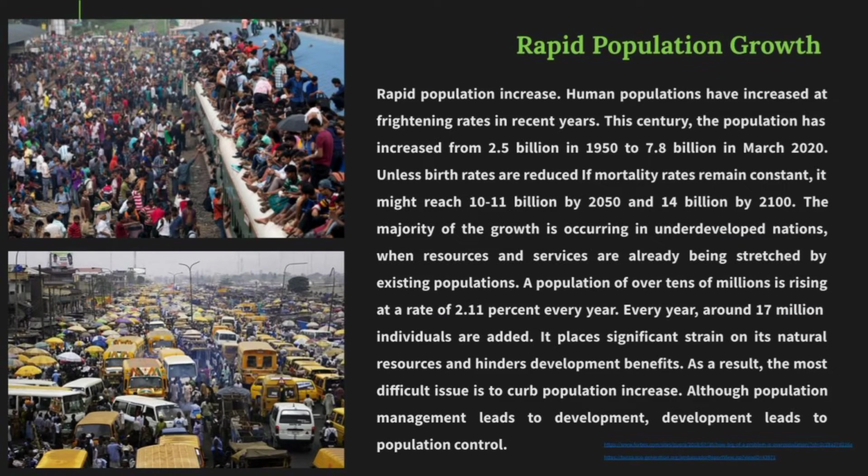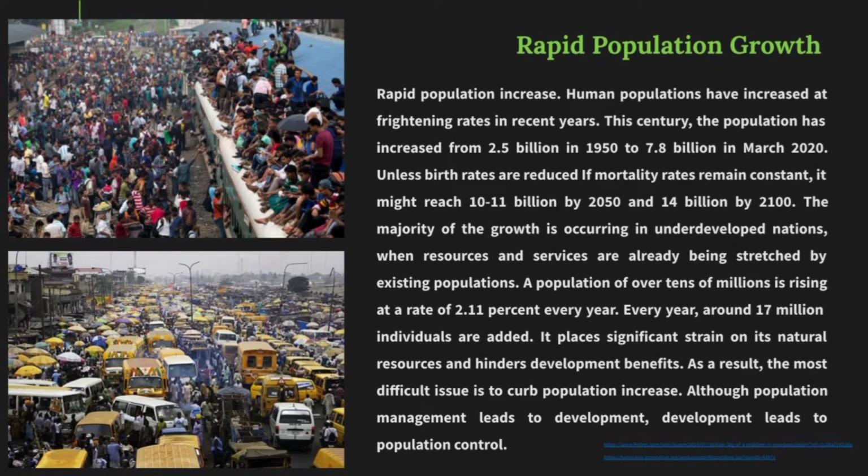Rapid population growth. Human population has increased at frightening rates in recent years. This century, the population has increased from 2.5 billion in 1950 to 7.8 billion in March 2020. Unless birth rates are reduced, if mortality rates remain constant, it might reach 10 to 11 billion by 2050 and 14 billion by 2100.